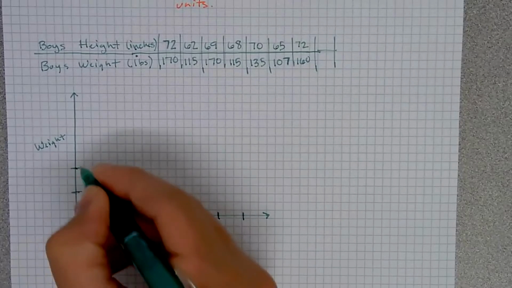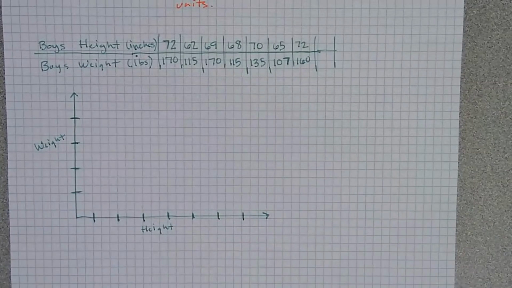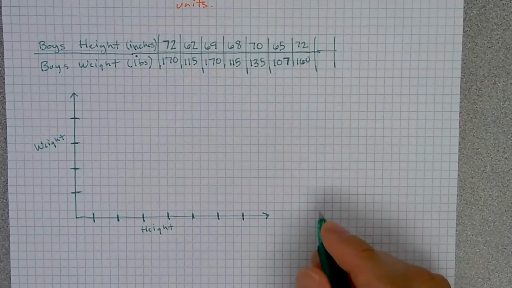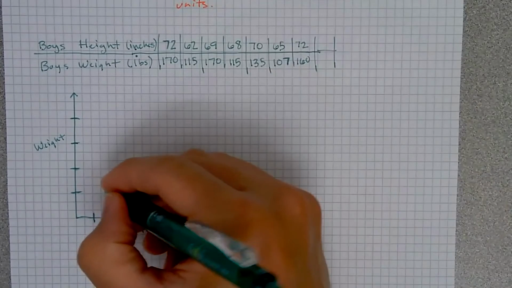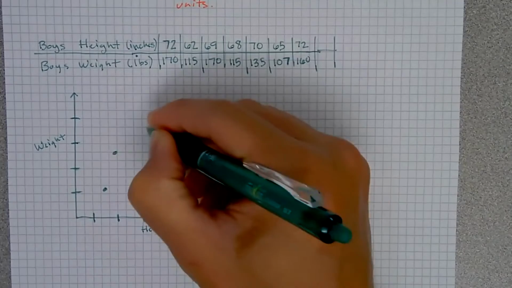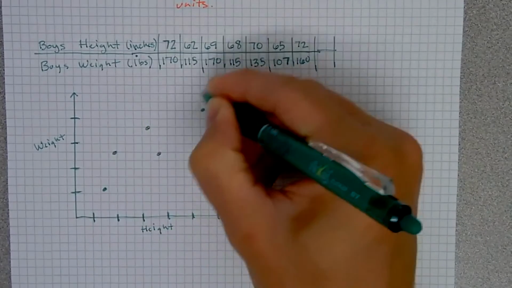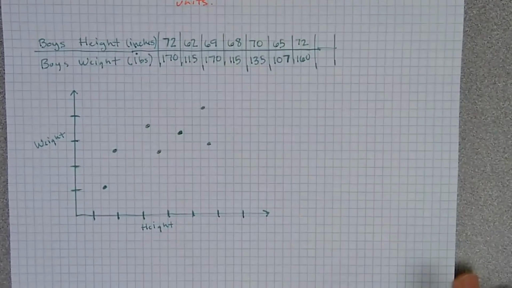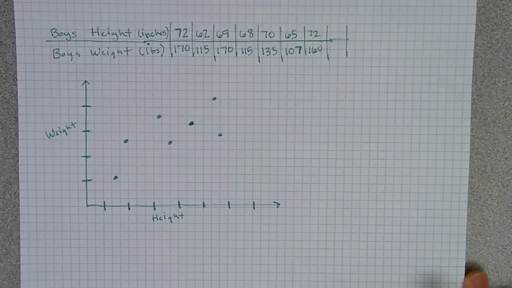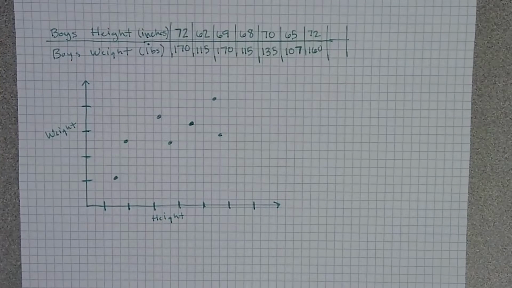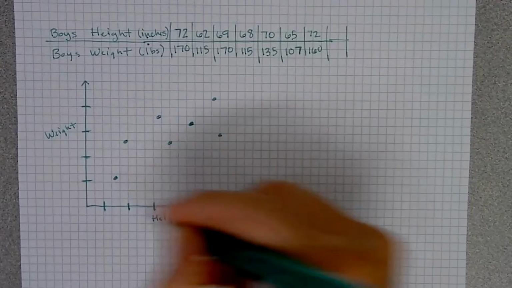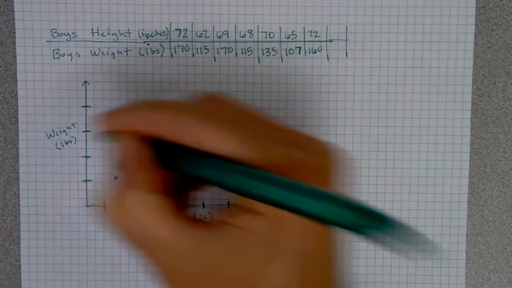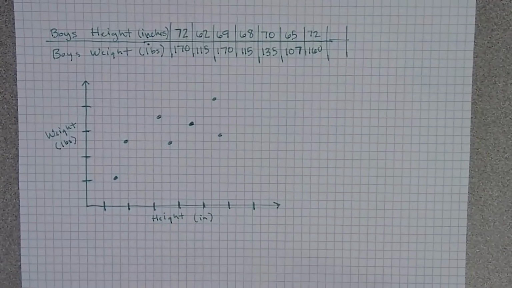So in the scatter plot, our height is in inches and our weight is in pounds.